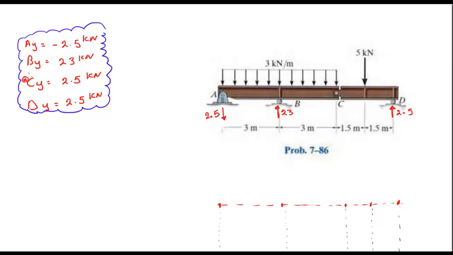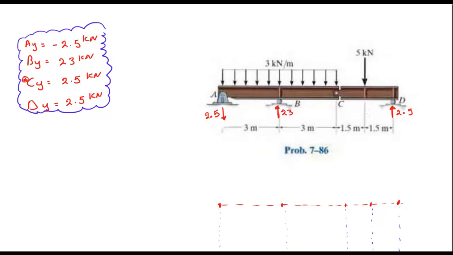For CY, I put a mark here because it's not a support, so you don't put any forces on the diagram right here, but it will come into play once we try to understand how we do the shear and bending moment diagrams. And at DY we have 2.5 going up.